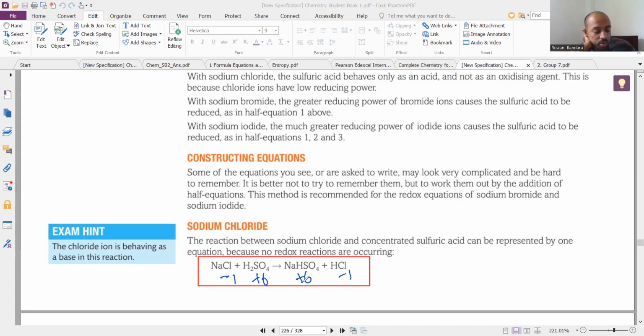With sodium chloride, the sulfuric acid behaves only as an acid.